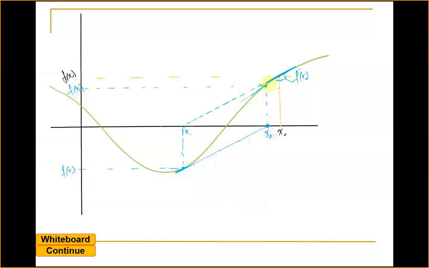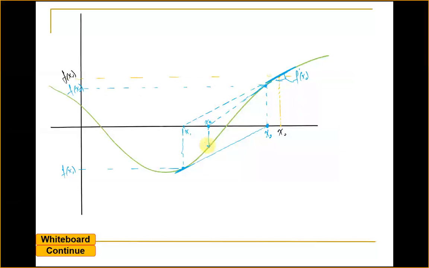So I'd say it's something like this, right? Everybody see this as the slope, and the slope would project to this value. This now would become x3. Alright? And then this is the slope at x3, or the value of the function at x3.